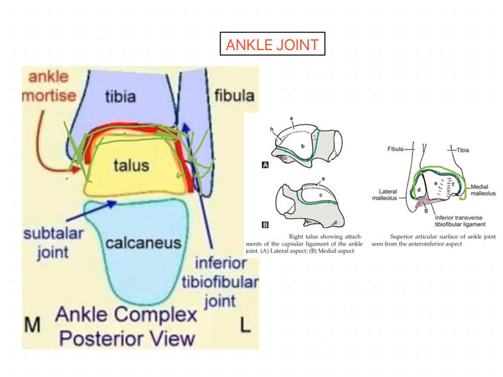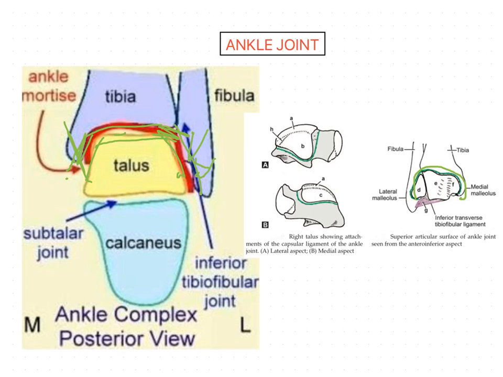But it has two exceptions. Posterior-superiorly, this capsule is attached to the inferior transverse tibiofibular ligament, and antero-inferiorly it is attached to the dorsum of the neck of the talus at some distance from the trochlear surface.